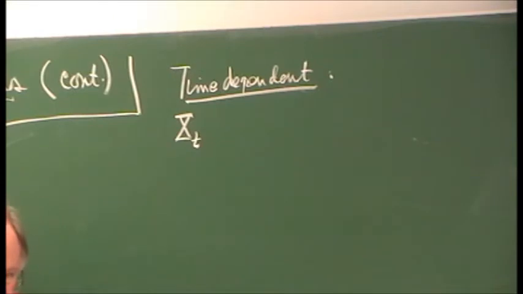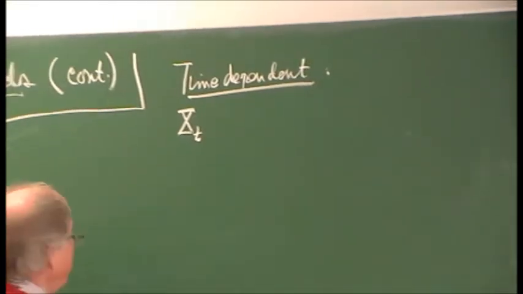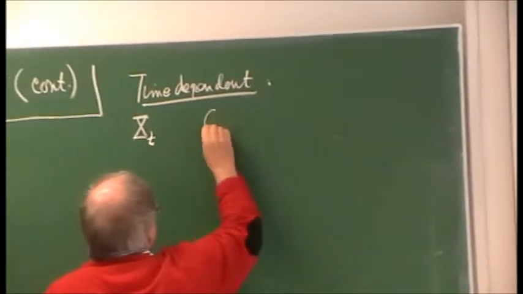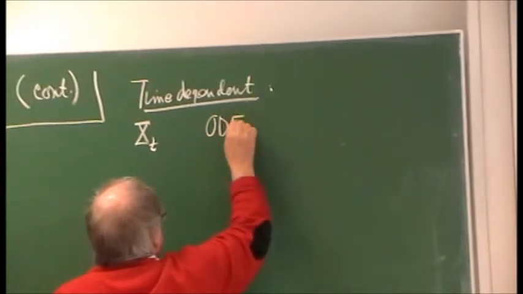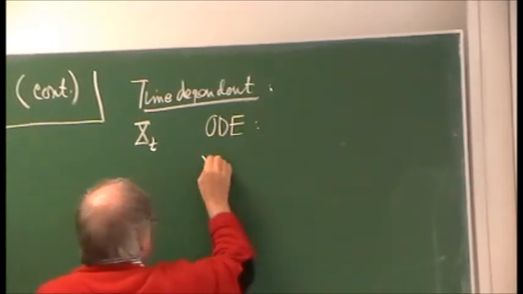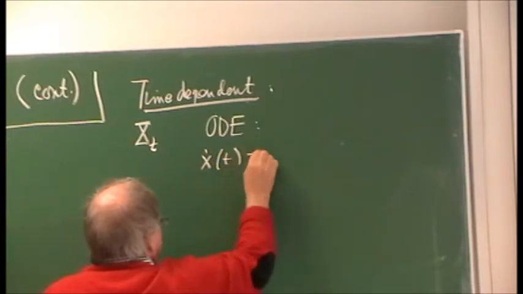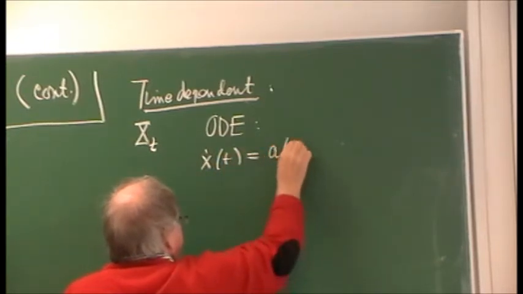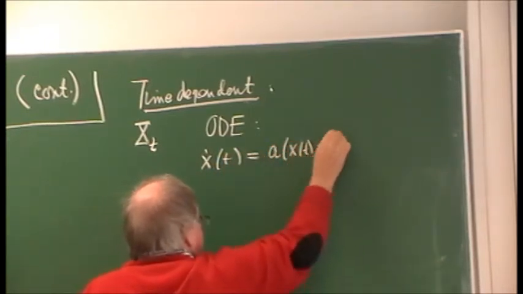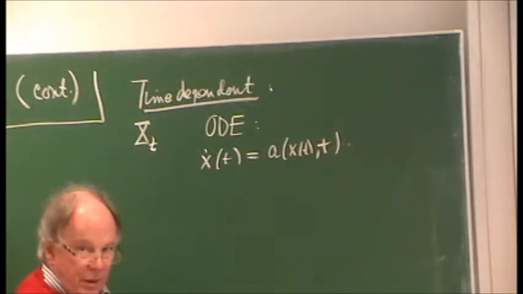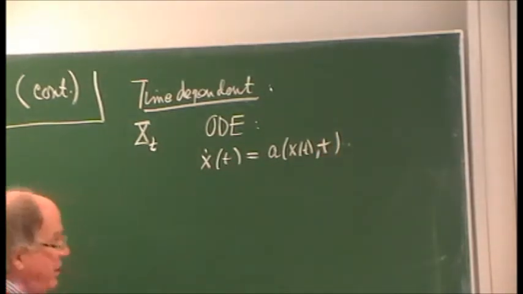So it's really a vector field which is changing with time. And so the ODE, the ordinary differential equation, is of the form x dot of t equals a of x of t and time. It will change with time. Time-dependent ordinary differential equation.